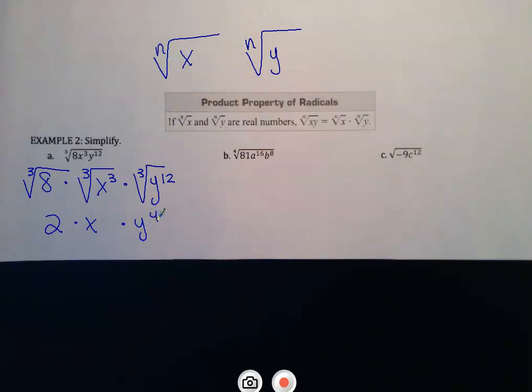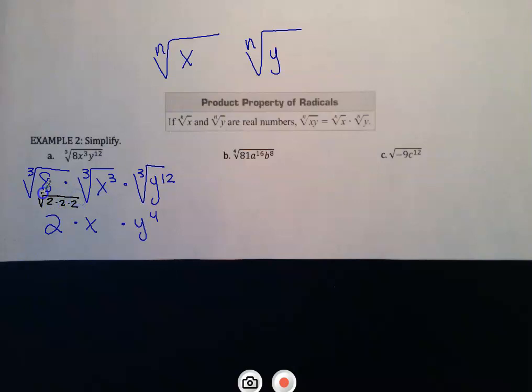Do we understand how we got there, though, or do we need an intermediate step? So we just split it up, because this is the same thing as 2 times 2 times 2.